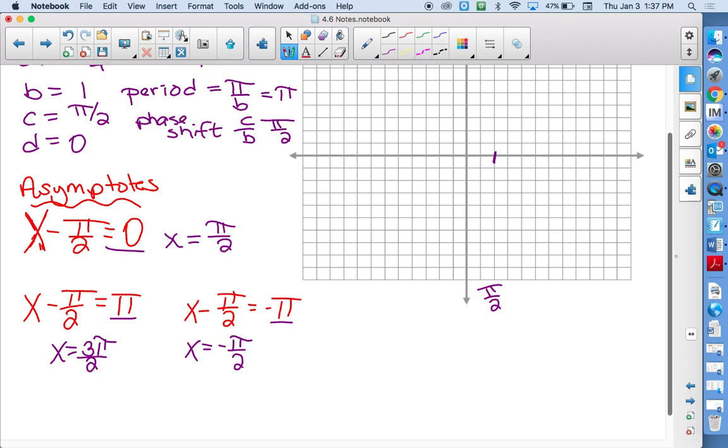And then my next point, if I'm counting by pi over 2, this would be pi. And then here's another one at 3 pi over 2. Going the other way, over 2 boxes is negative pi over 2. I could go over 2 more and call that negative 3 pi over 2.